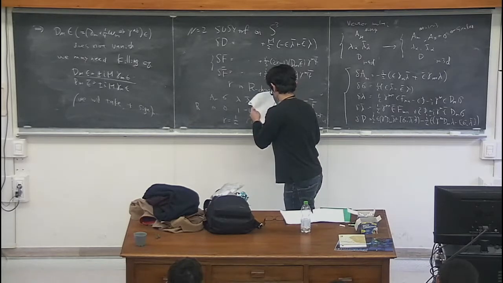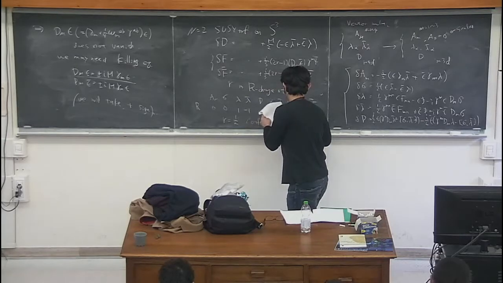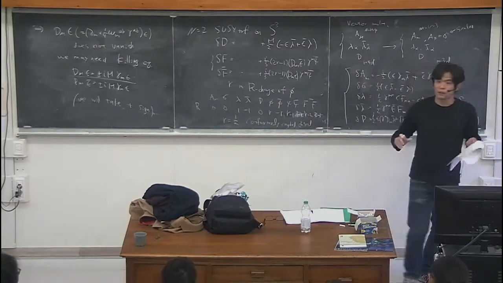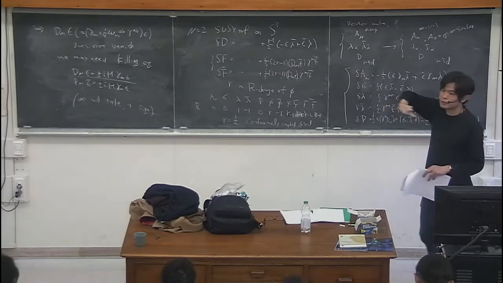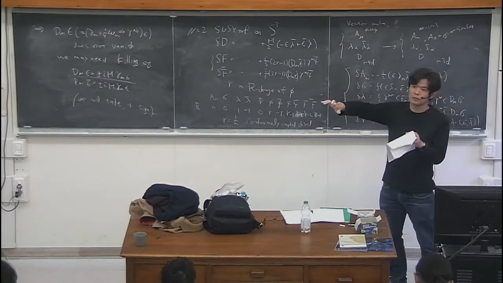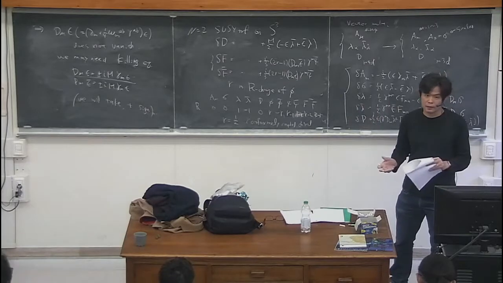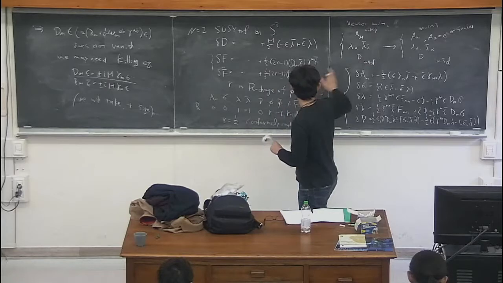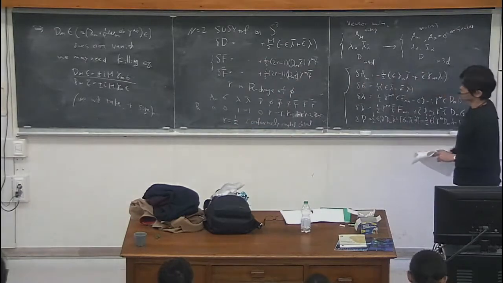Conformally coupled chiral means if the theory is superconformal on flat space, then we can conformally map R3 to S3. Then the SUSY transformation or action can also be mapped from R3 to S3. That case corresponds to the SUSY algebra with R equal 1 over 2.